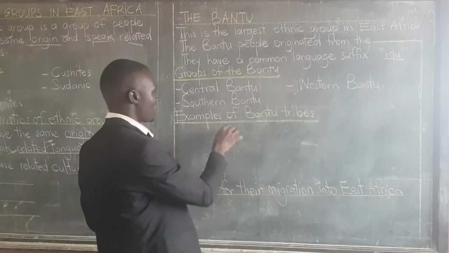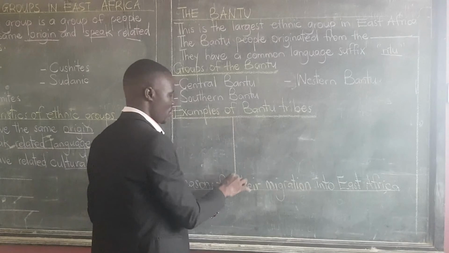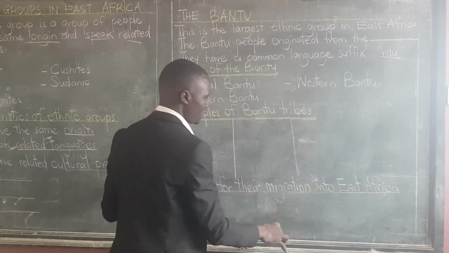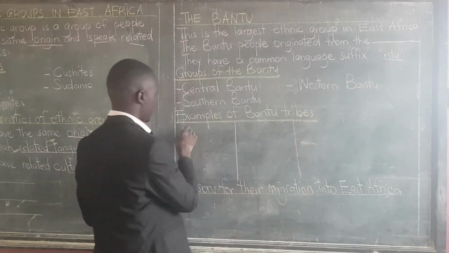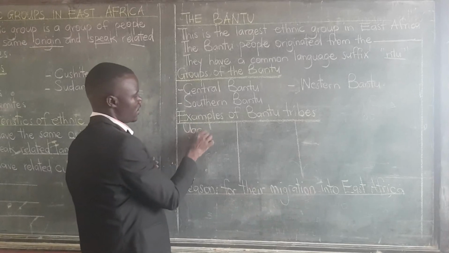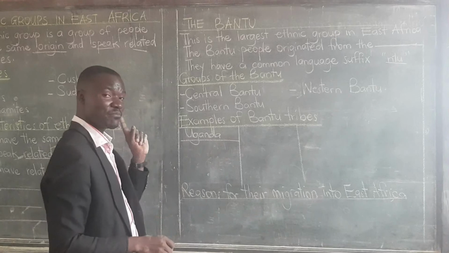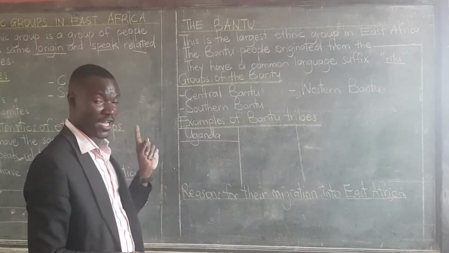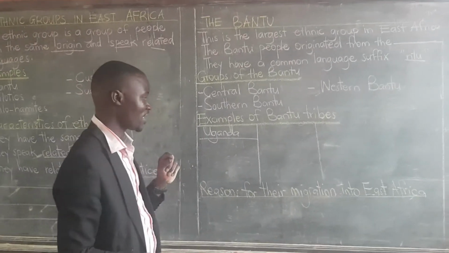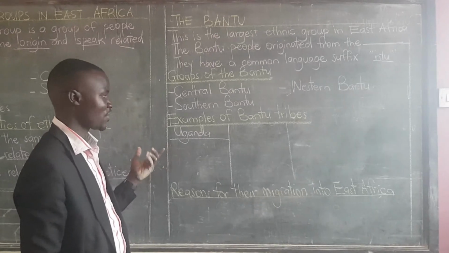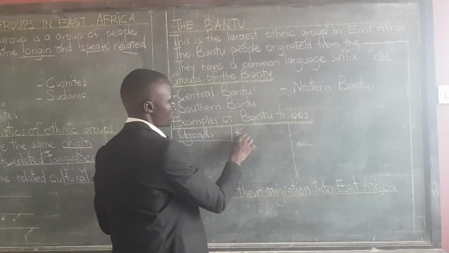But I'll first of all ask you to write for me, starting with Uganda. We know the Bantu tribes in our P5, Bantu tribes that live in Uganda, that migrated into Uganda, starting with the Baganda and so on. Here we shall have the ones for Kenya.